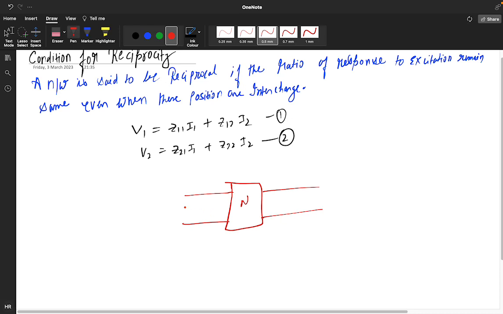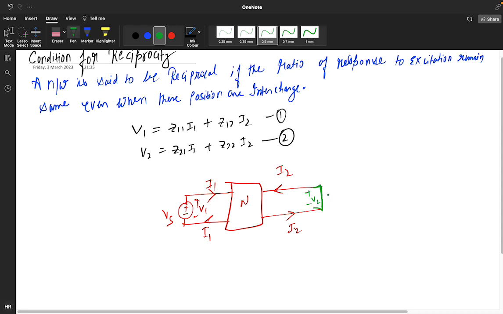See, you are assuming a positive-negative Vs here. This is nothing but your V1. Current I1 is going in and I1 is coming out from this side. I2 current is coming like this and going like this. Here we are short-circuiting the circuit, that means plus-minus V2.